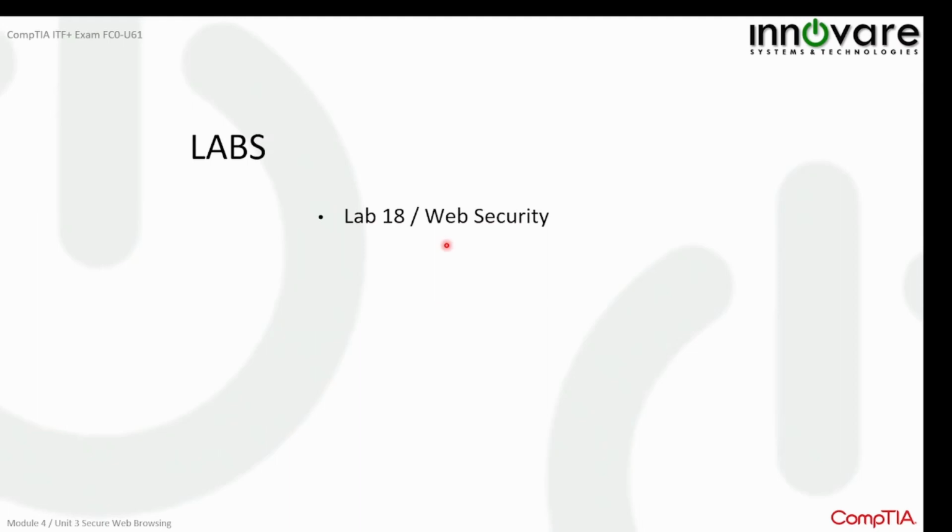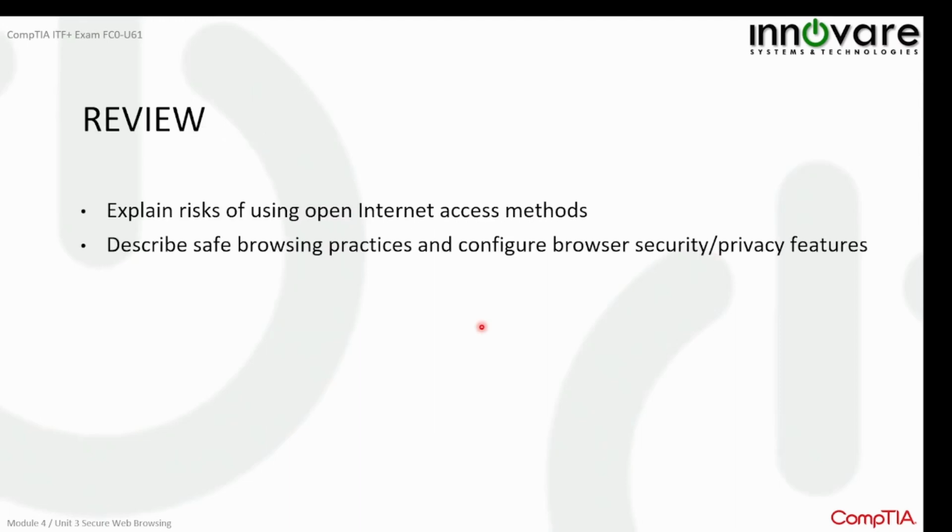Even though we've been doing a lot of interneting, browsing activities already. So in this unit, we covered and explained the risks when it comes to open internet, diba? When you're accessing a public internet. And then yung mga best practices for safe browsing, when you configure security and privacy features of the browser.